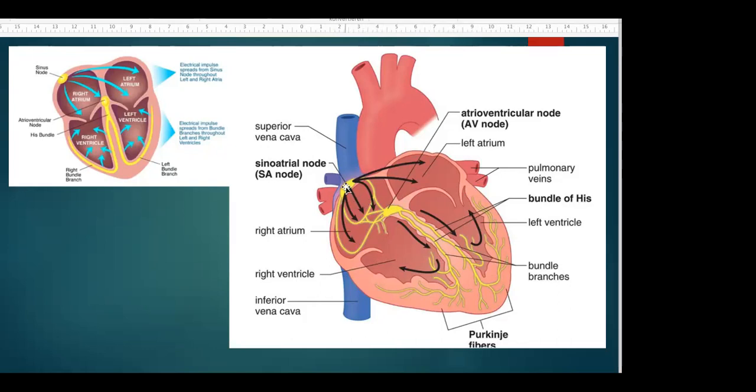Yeah, the electricity is moving like this. So if you build a wall, you will definitely have electrical impulse on the upper chambers, but the lower chambers will have the issue that the electrical impulse is not moving through the AV node to the rest of the muscles. Yeah, you get it.